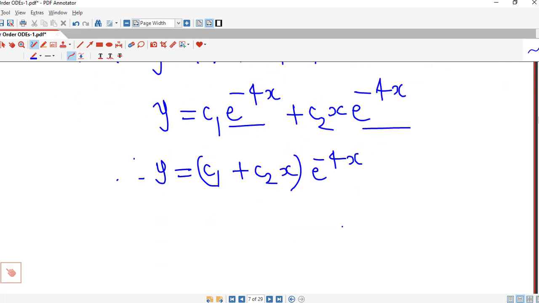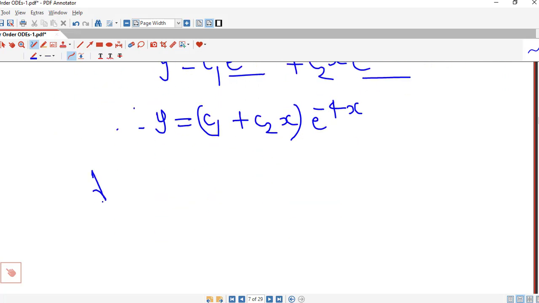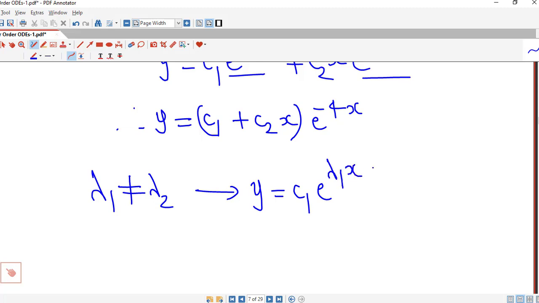So we will remember both the cases. If lambda 1 and lambda 2 are different, the general solution is y equal to c1 e raised to lambda 1x plus c2 e raised to lambda 2x.